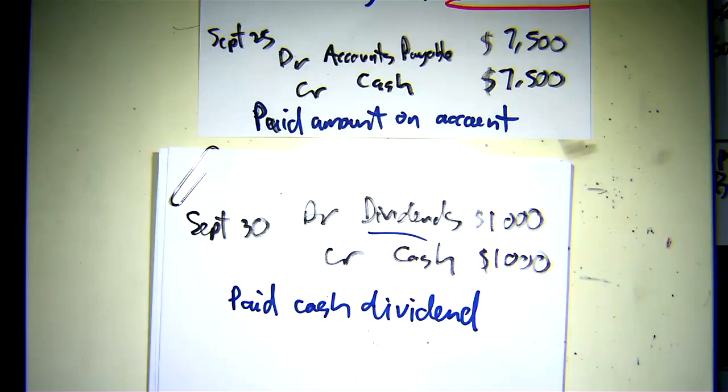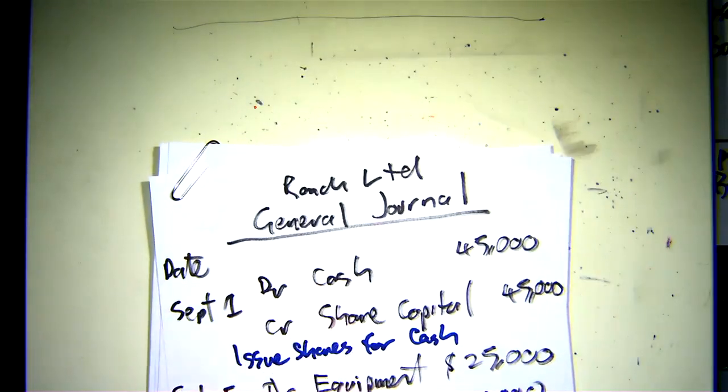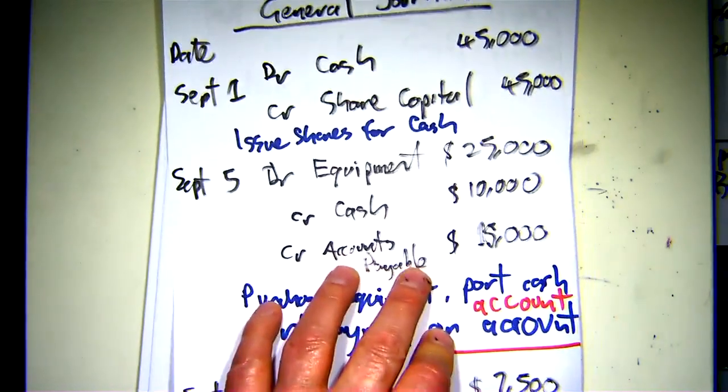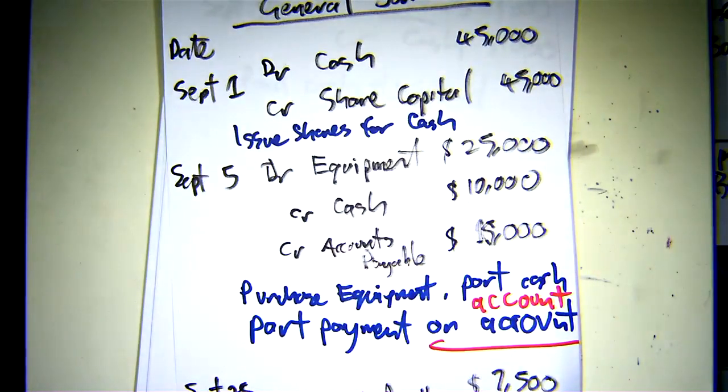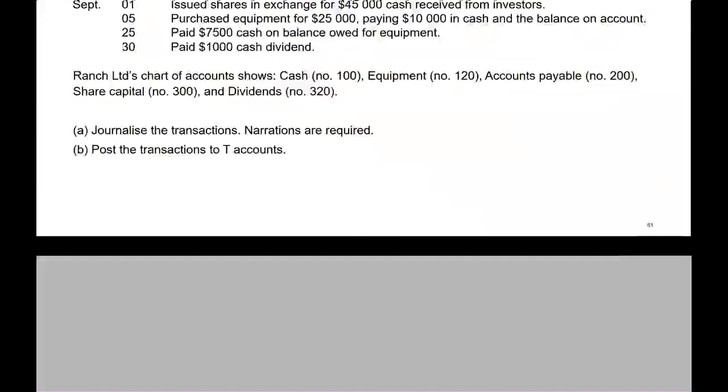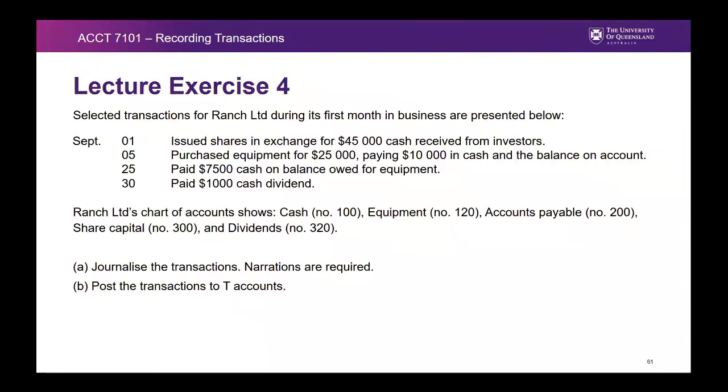Okay. Now the job we've got to do is transfer all these journal entries into T ledgers. So I'll double check that that's what we're asked to do. So yes, post the transactions to T accounts.